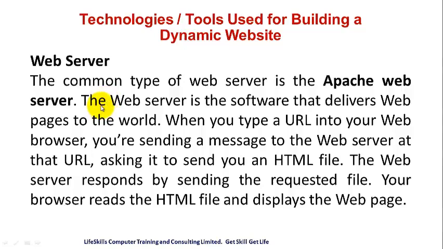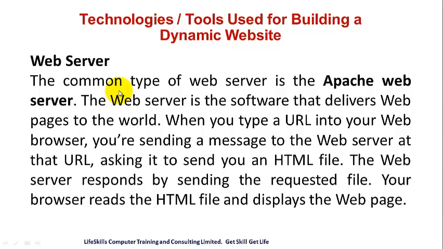It's free, you can download it, and they are usually bundled together with the PHP compiler and MySQL compiler, and they are bundled in the form of WAMP, W-A-M-P, or XAMPP, X-A-M-P.